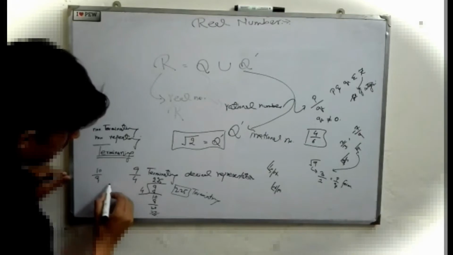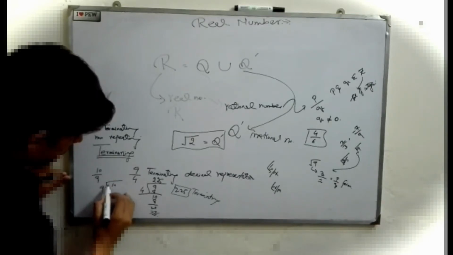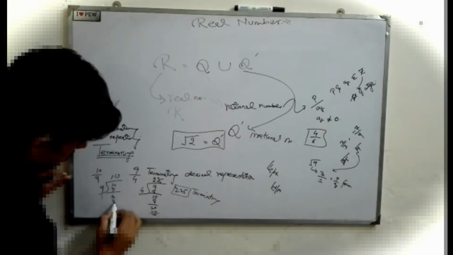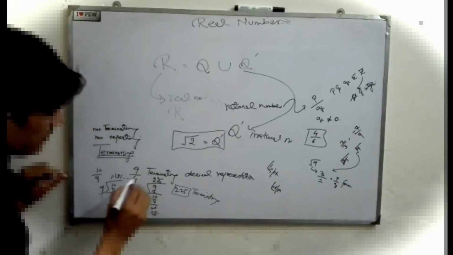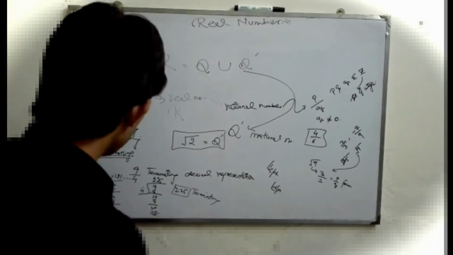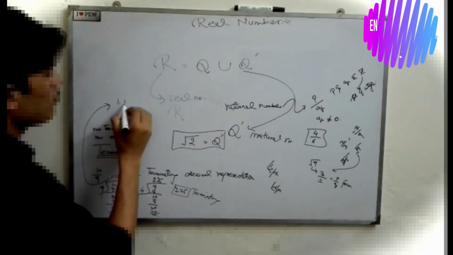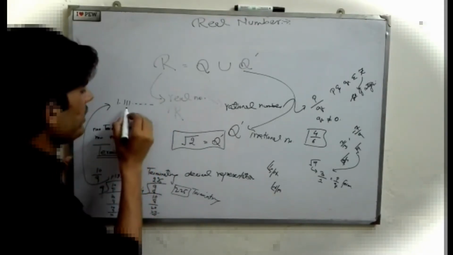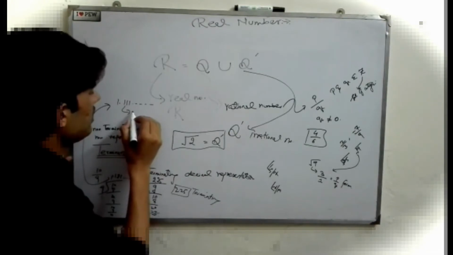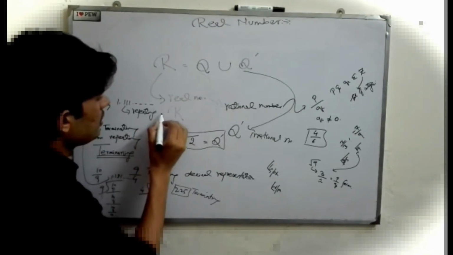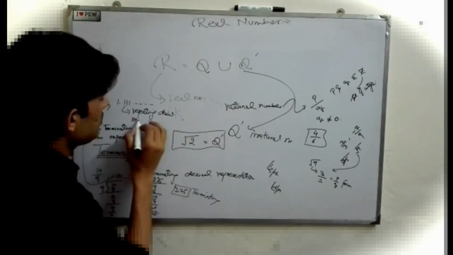If you simplify this, the number continues up to infinity. So your answer here is 1.111 up to infinity. This 1 is repeated and will repeat up to infinity. So that's why this decimal representation is known as a repeating decimal representation.